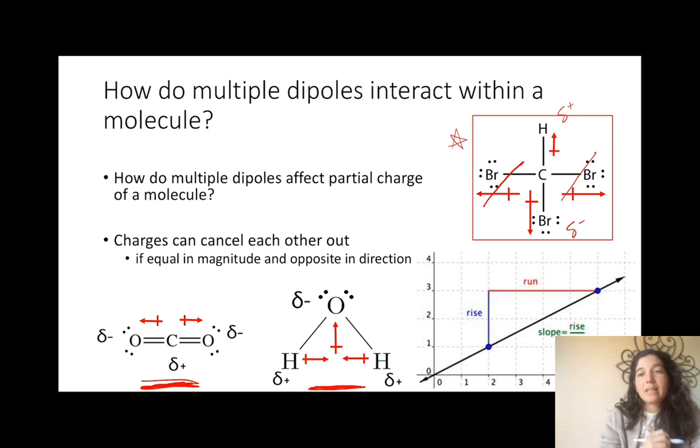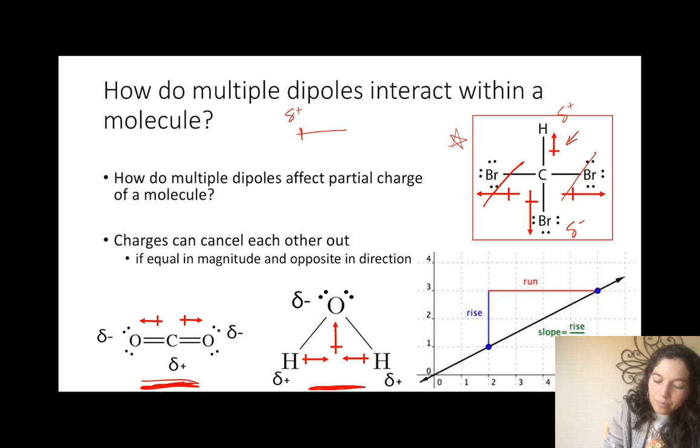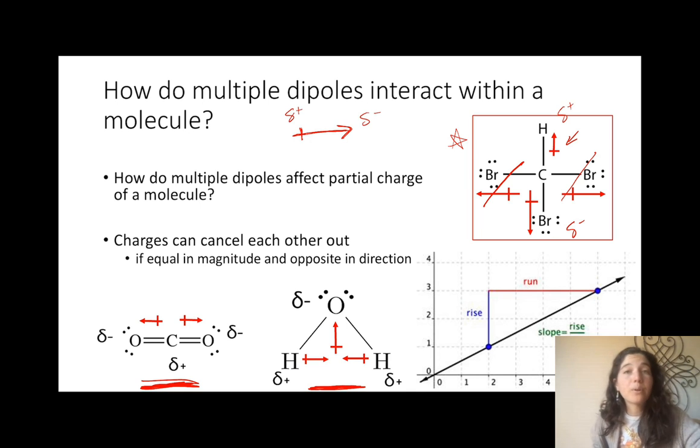So we represent that with these arrows. We represent arrows to show the direction in which the electrons are being pulled. So if we put a positive on this end, that means it's going to be partial positive. And this end of the arrow is partial negative. You'll also notice that the arrows in this molecule are different sizes.